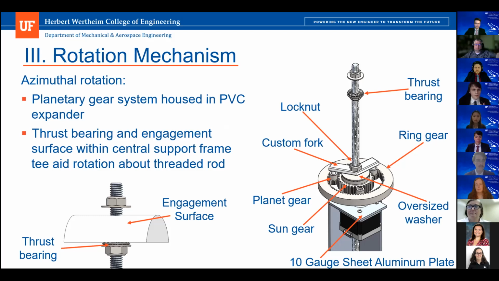Yeah, and so that thrust bearing is what is acting on the reflector PVC, right? On that engagement surface. Yes, ma'am. So the whole support frame can spin with much reduced friction and less stress.